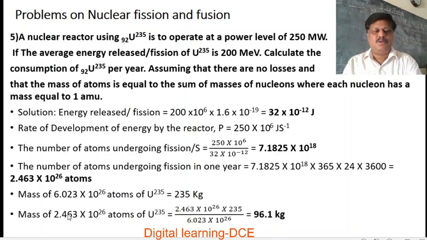The mass of 2.463 into 10 power 26 atoms of uranium-235 is equal to 2.463 into 10 power 26 into 235 divided by Avogadro number, which gives 96.1 kg. That means the consumption of uranium-235 per year is equal to 96.1 kg.